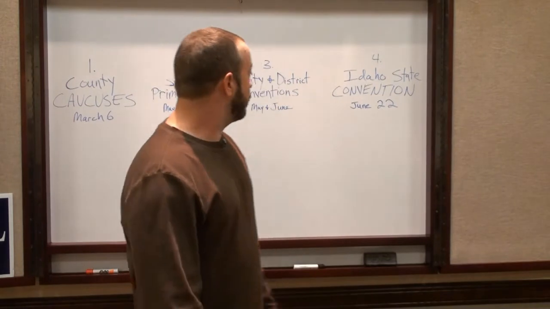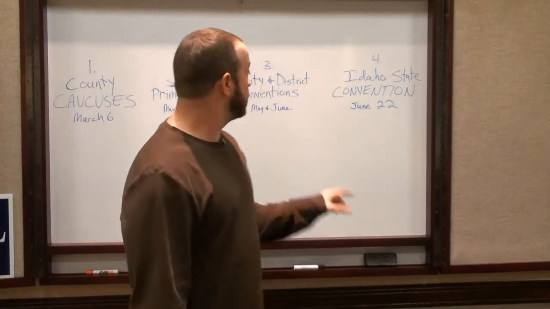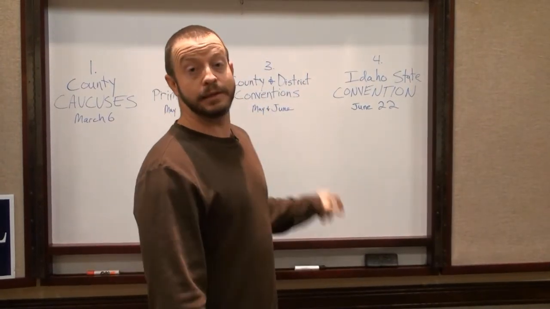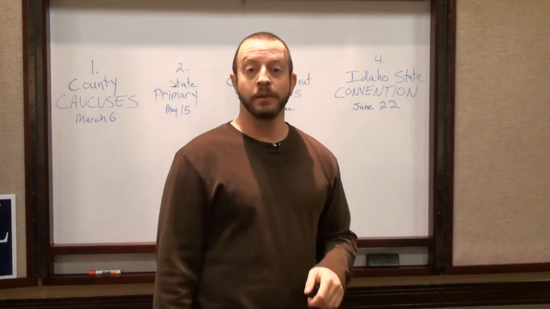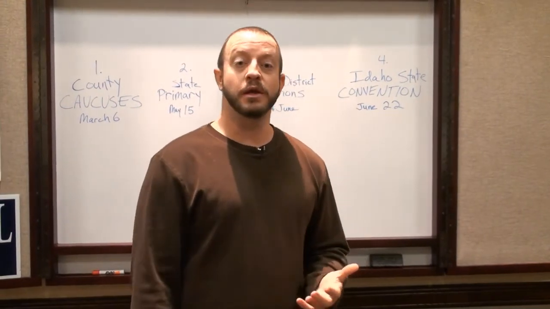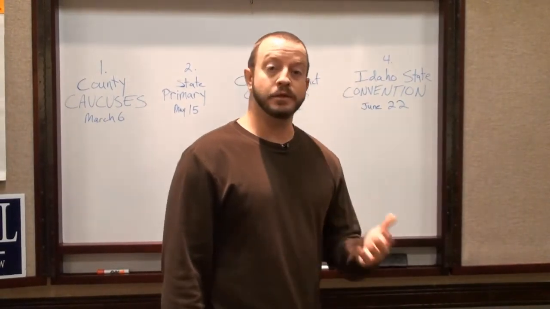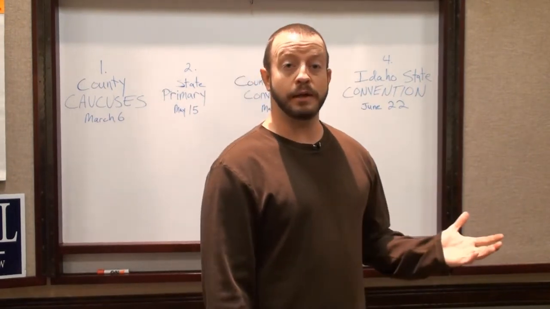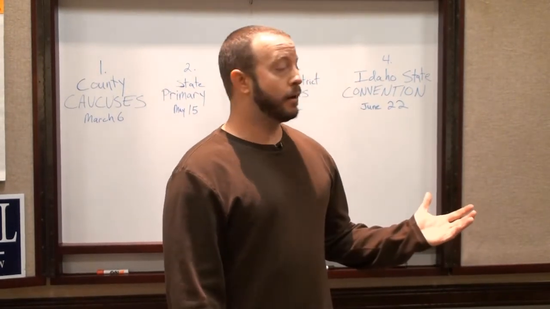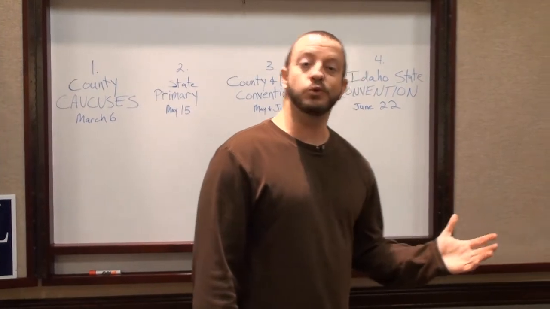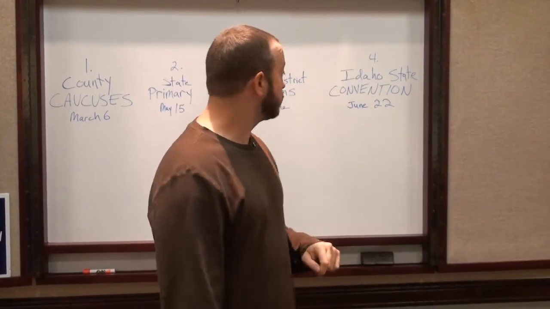So, along with electing delegates, these meetings are very important because they elect the leadership of the Republican Party of Idaho, and we need Ron Paul supporters to run for county chairman, district chairman, to push the party in a more constitutional direction, which we've been doing in the last few years.